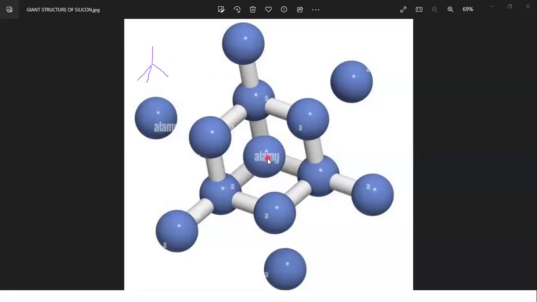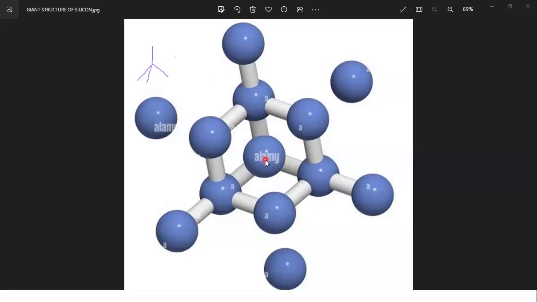So each silicon atom here is covalently bonded to 4 others in a tetrahedral arrangement. Even this one, there's another one that is shielded.